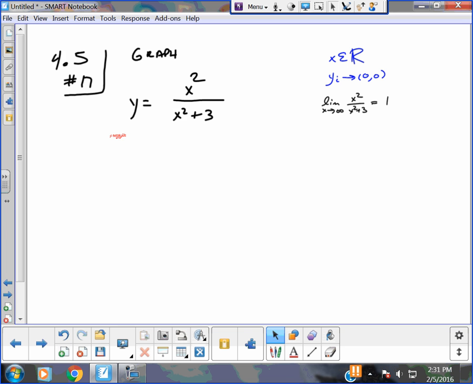So we look at y equals x squared over x squared plus 3. F over g, right? Quotient rule: f prime g minus g prime f over g squared. And again, if you're struggling with this, you need to practice.